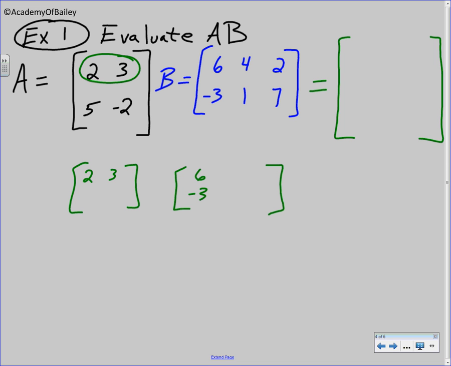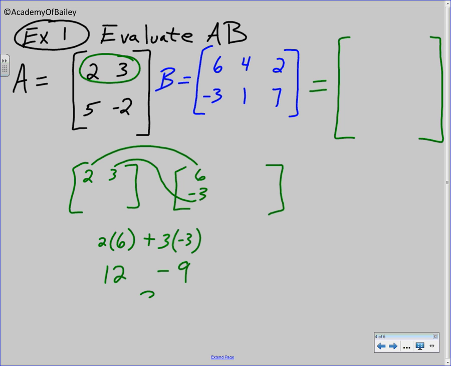So first off, 6 and negative 3. Well, let's deal with that one first. We're going to go 2 times 6, 3 times negative 3, and whatever we get there, we will be adding those together. 2 times 6 is 12, 3 times negative 3 is negative 9, add those together, we're going to get 3.